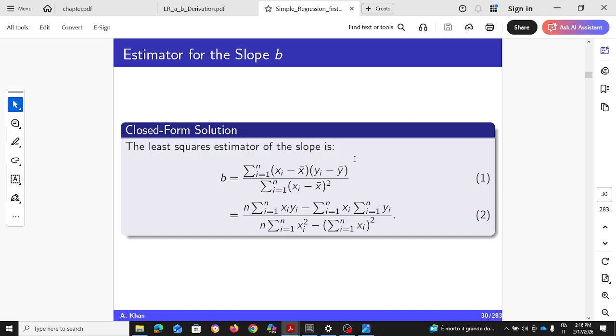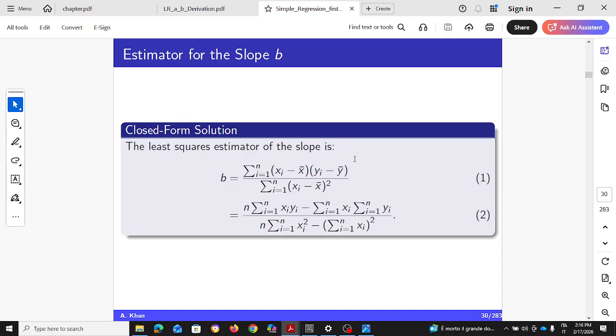So this is our equation number 2. Now, to obtain the value of A and B, we should perform differentiation. So for the first part, let's derive it with respect to A. So summation from i equals 1 up to n.